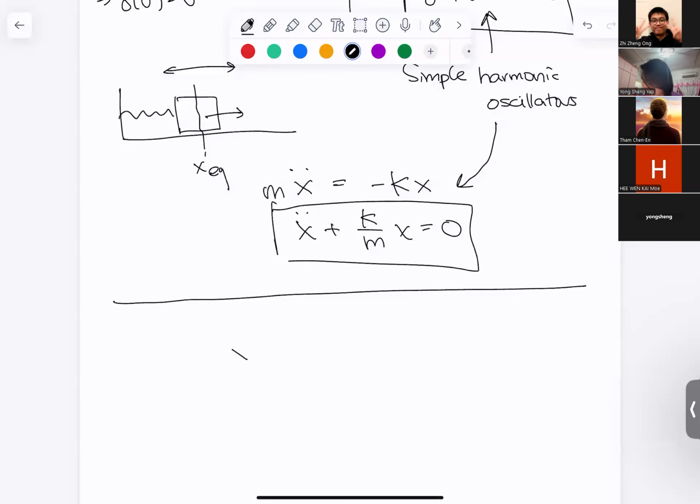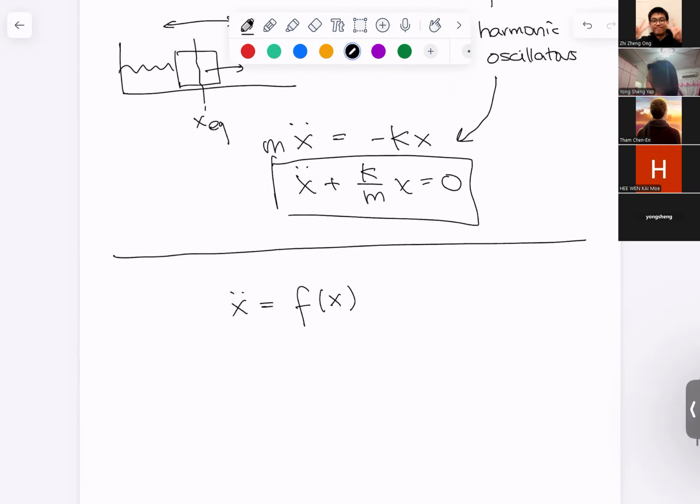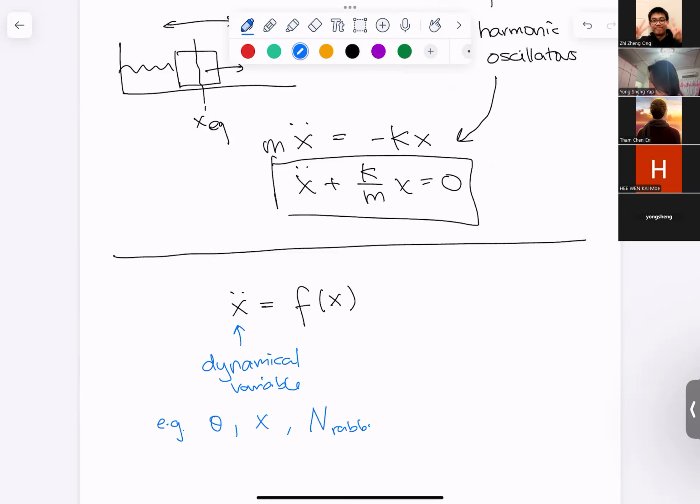What you always write down is an equation of motion. An equation of motion is basically the change of some dynamical variable x. This dynamical variable can be a coordinate, like theta, it can be some x for a block, it can be the number of rabbits in a jungle.